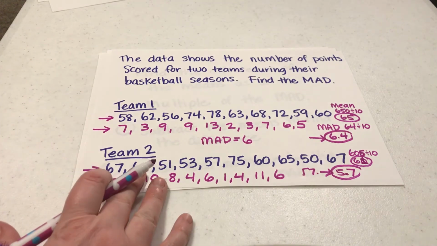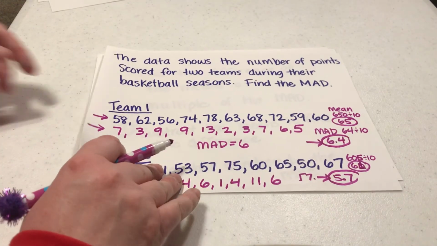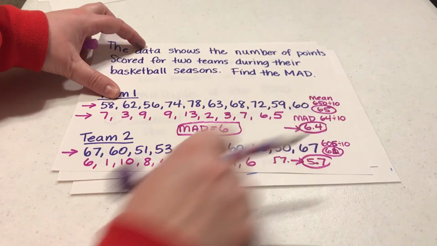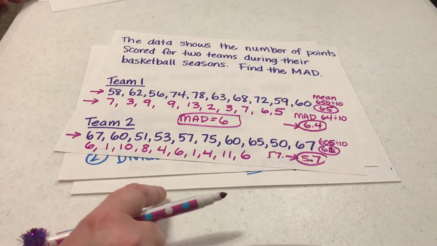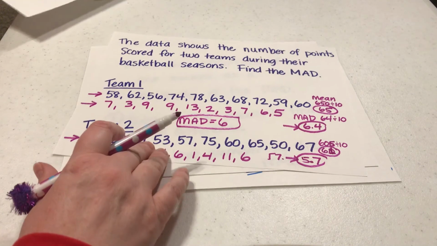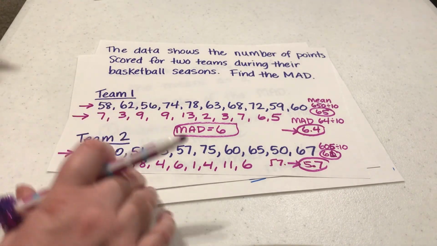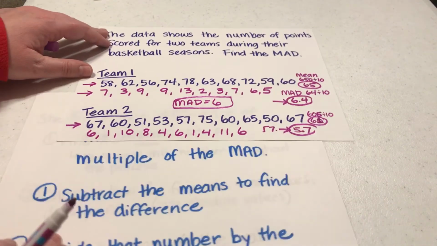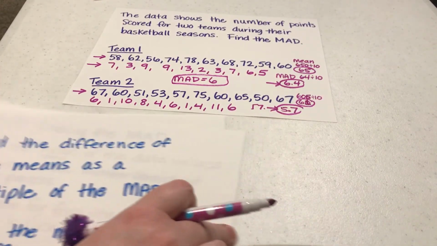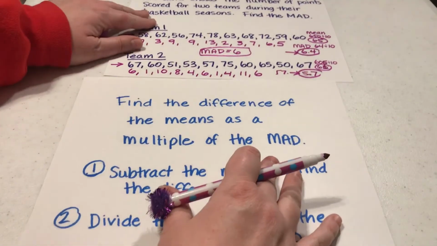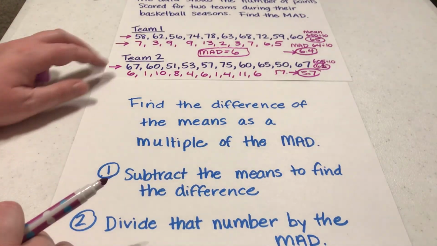Okay, so now what we can do is we can take these numbers, the MAD, and our means that we have, and we can calculate the difference of the means as a multiple of the absolute deviation. Let me see if I can find that question again. Find the difference of the means as the multiple of the MAD. So looking at this here, I'm just going to do the work on the side. How about that?